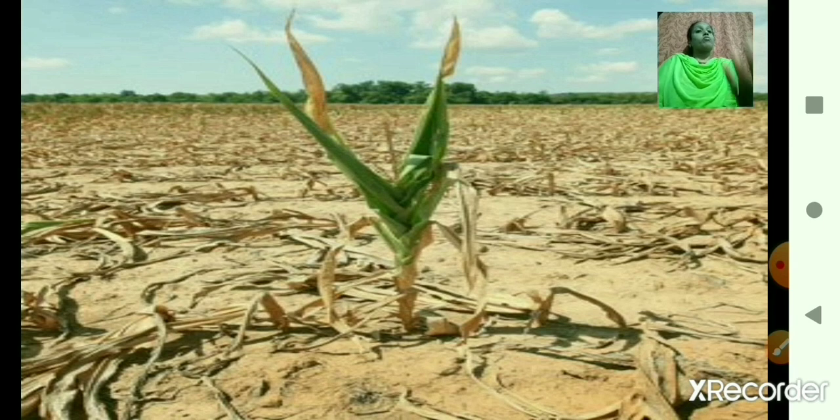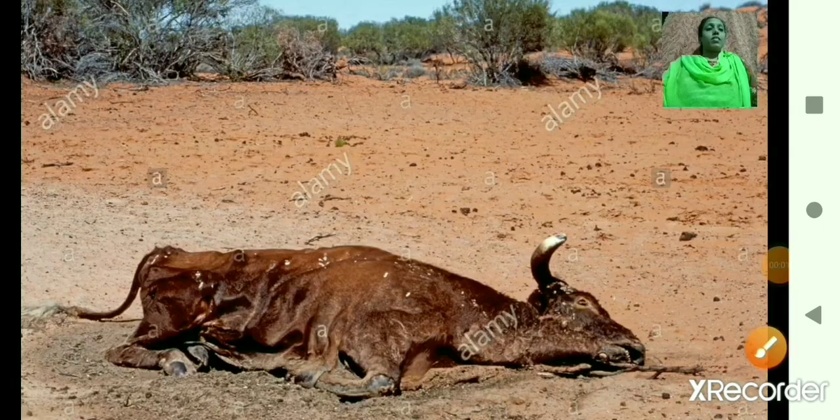And when crops will not survive, then what will happen? Yes, then there will be shortage of food. And due to the shortage of food, what will happen? Yes, animals will die. And due to severe droughts, ultimately people also die, due to shortage of food and water.